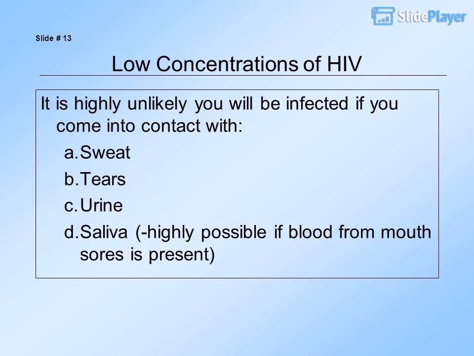Slide number 13. Low concentrations of HIV. It is highly unlikely you will be infected if you come into contact with sweat, tears, urine, or saliva, but highly possible if blood from mouth sores is present.